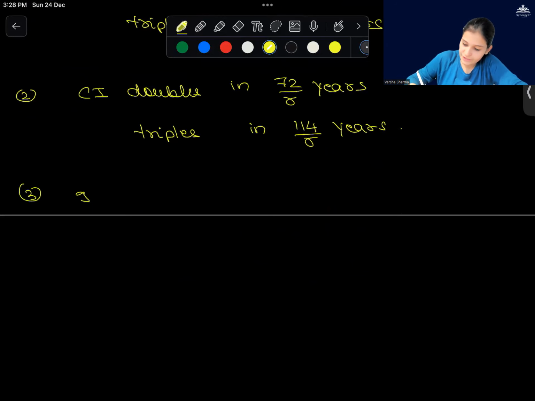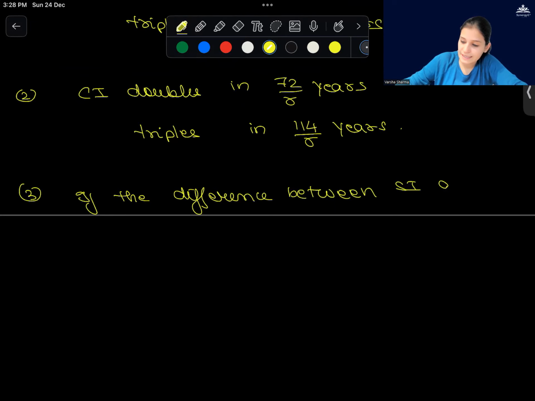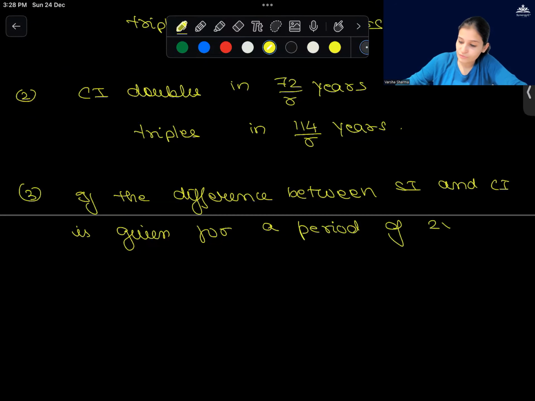Third, if the difference between SI and CI is given for a period of 2 years, in that case, the principal will be D into 100 square upon R square.